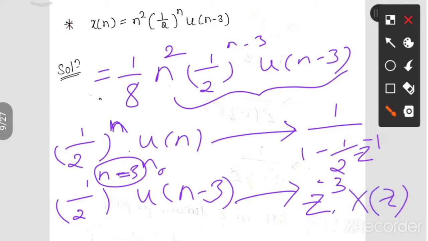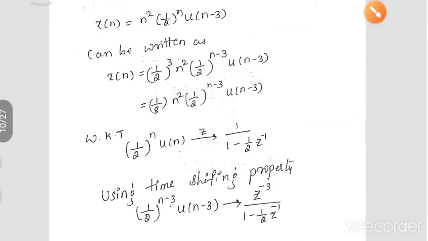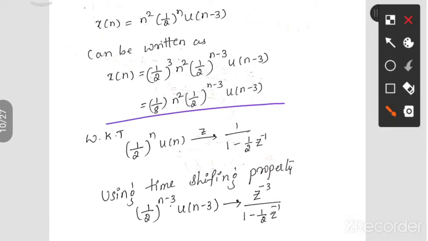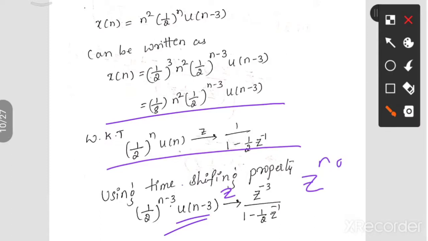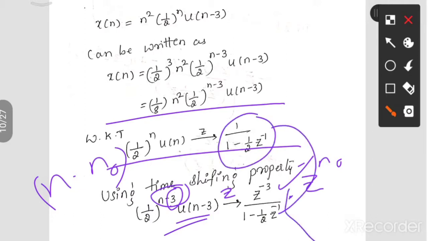Similarly, the z transform of 1 by 2 raised to n minus 3 into u of n minus 3 will be z raised to minus 3 into the z transform of that function, which is 1 divided by 1 minus 1 by 2 into z raised to minus 1.